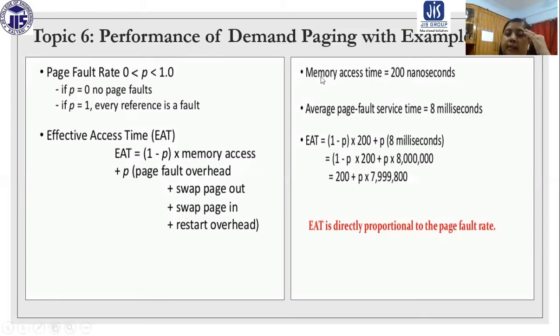Now there is an example. Here you can see the memory access time is 200 nanoseconds, and the average page fault service time is 8 milliseconds. So the equation is (1 minus p) times 200, for the memory access time, plus p times 8 milliseconds. The 8 milliseconds is the page fault service time, which includes page fault overhead, swap page out, swap page in, and restart overhead.